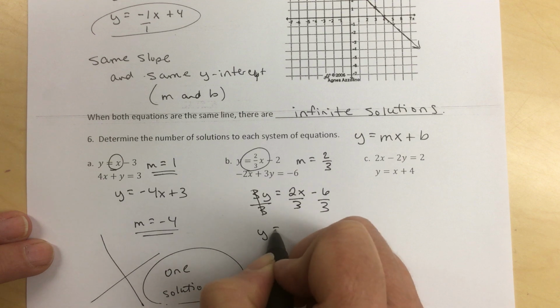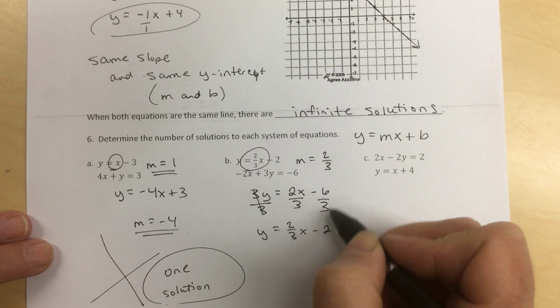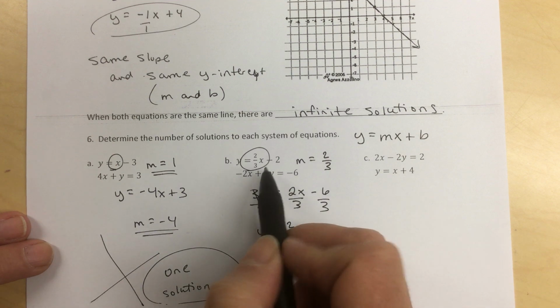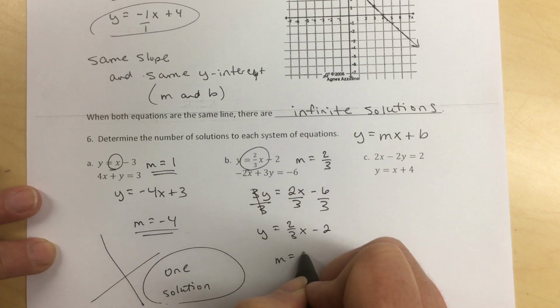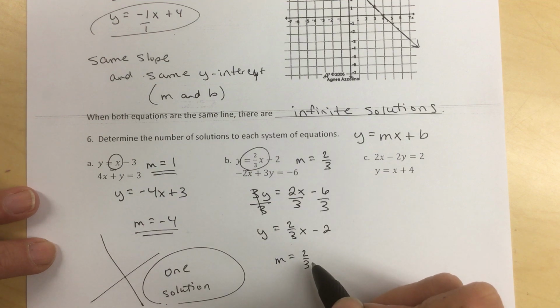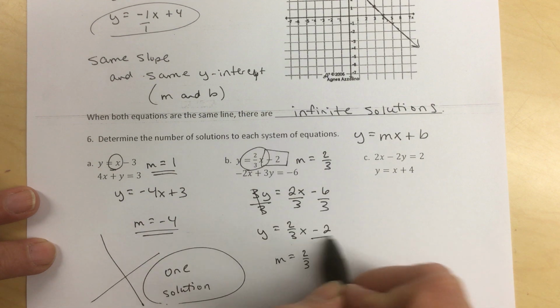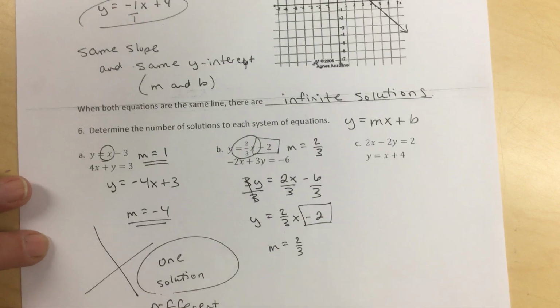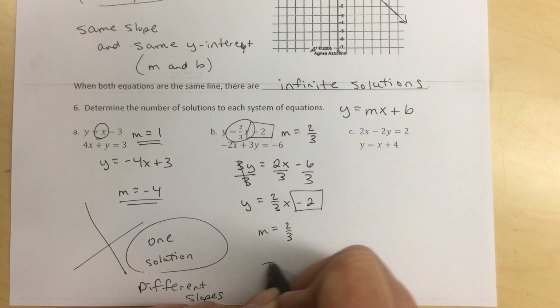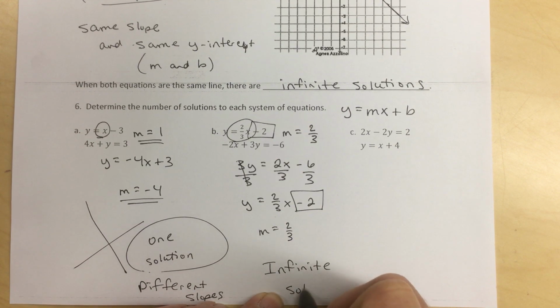I get y equals 2/3 x minus 2, because 6 divided by 3 is 2. Not only do I get that the m is 2/3, the same slope, but I also get that the last number is the same. I get a -2 and a -2. This is exactly the same equation, so this is infinite solutions.